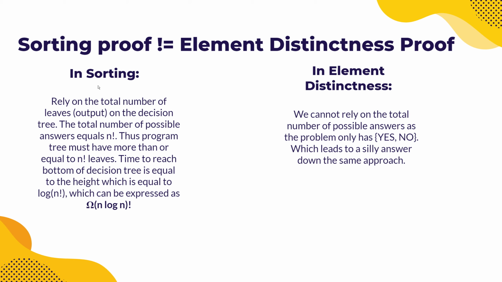This is because in sorting, we rely on the total number of leaves on the decision tree, which is the total number of possible answers, which equals n factorial, and n factorial leads down to the lower bound of n log n. However, in element distinctness, we cannot rely on the total number of possible answers, as the total number of possible answers includes yes and no, which leads to a really silly n factorial.